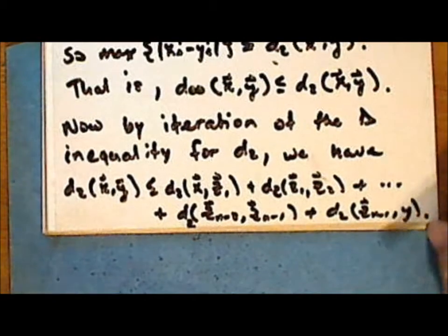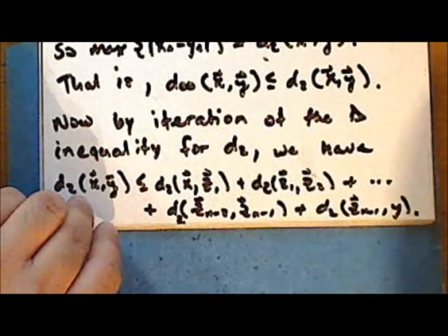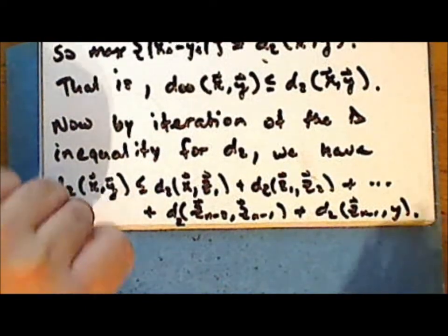Now this is true for any choice of the points or vectors z sub 1, 2, and so on up to n minus 1.